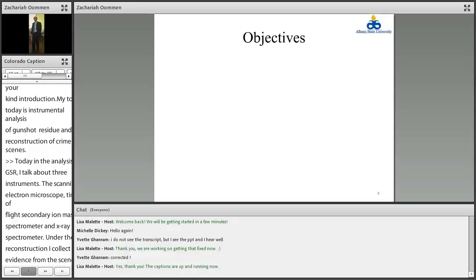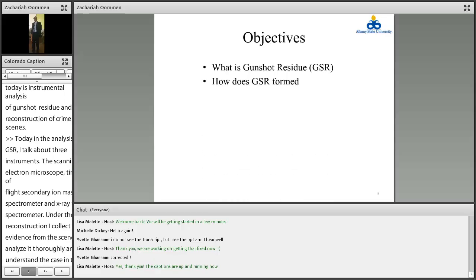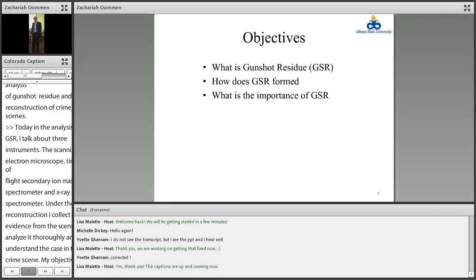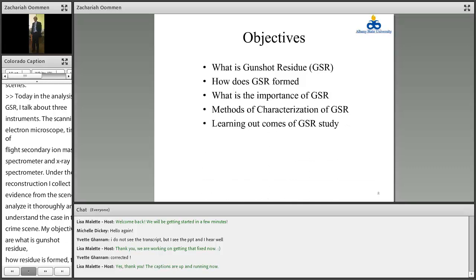So my objectives are: what is gunshot residue, how is it formed, what are the methods of characterization, the importance of GSR, learning outcomes, and finally some conclusions.